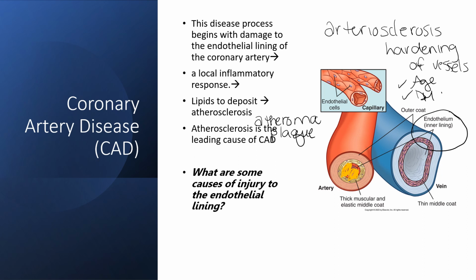Some things that can predispose or cause that endothelial lining to become injured and then set up that local inflammatory response, with lipids becoming deposited and the onset of atheroma or atherosclerosis, are smoking, so tobacco smoking, high blood pressure, so hypertension, uncontrolled diabetes mellitus, infections, etc. can also contribute, but these are some of the key ones that can predispose a client to having endothelial damage to their coronary arteries, ultimately leading to the development of atherosclerosis.